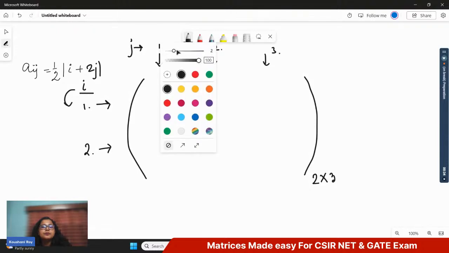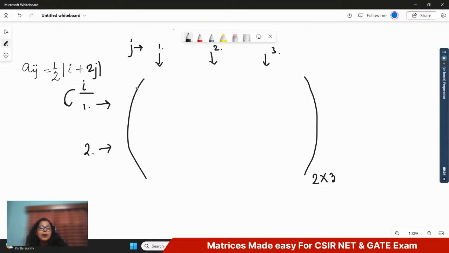So say I'm trying to find the element over here. It has first row and first column. So the i value here is 1 and the j value is also 1. So if we simplify it, it will be half of modulus of i plus 2 multiplied by j. Next, here the i value is 1 and the j value is 2. So here the element will be half of modulus of i plus 2 multiplied by 2, that is 4.